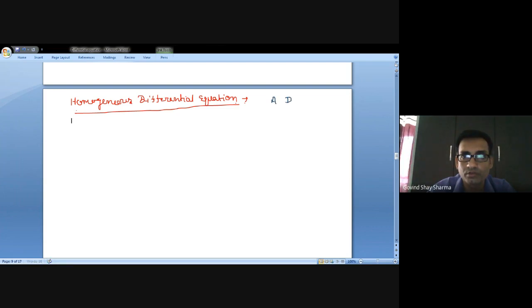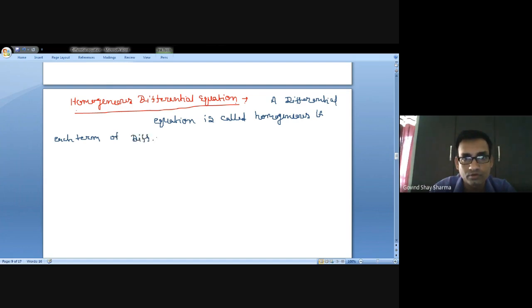A differential equation is called homogeneous if each term of the differential equation has the same degree.